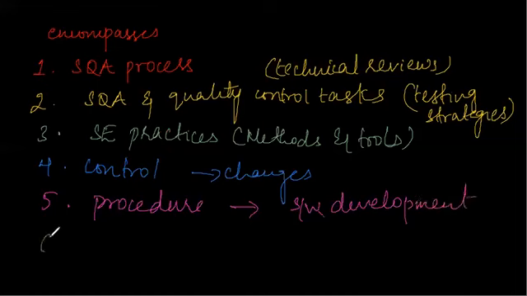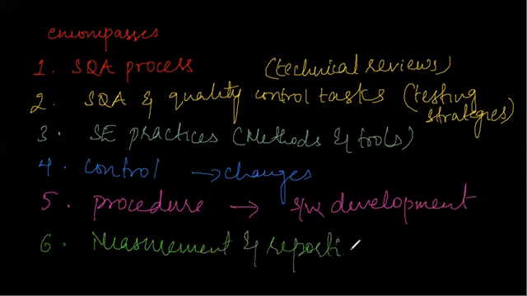Then you have a measurement and reporting mechanism. Now, measurement is going to be the work that you've been doing, and the reporting mechanism, if you're falling short of your deadlines, something like that, these things are going to be within the reporting mechanism.